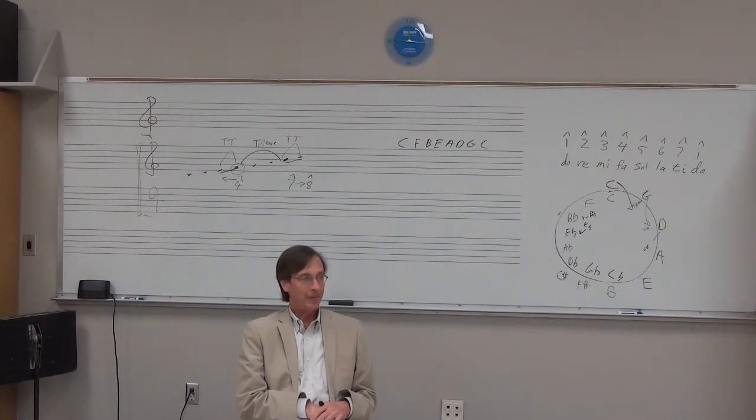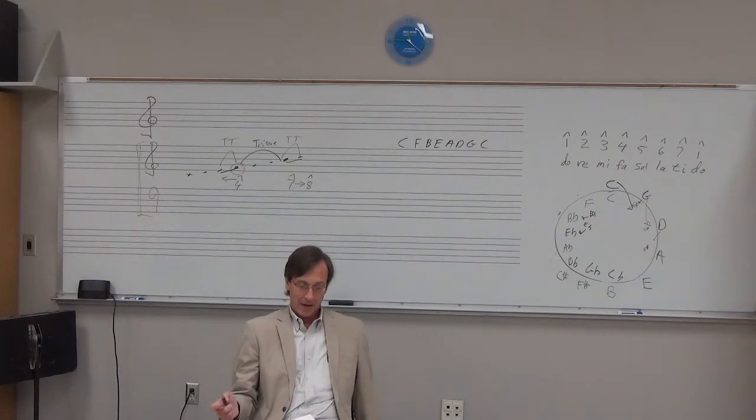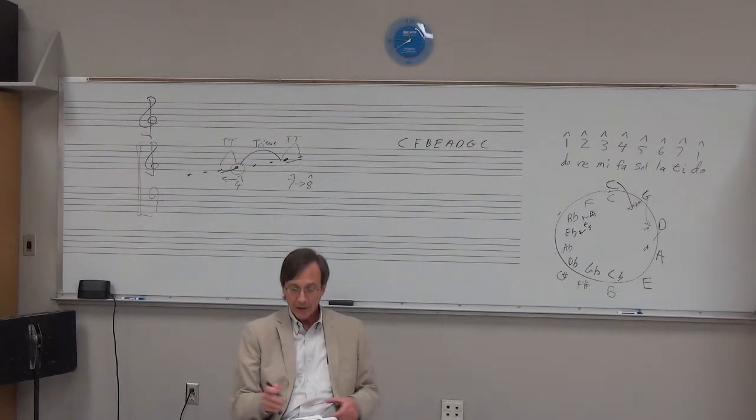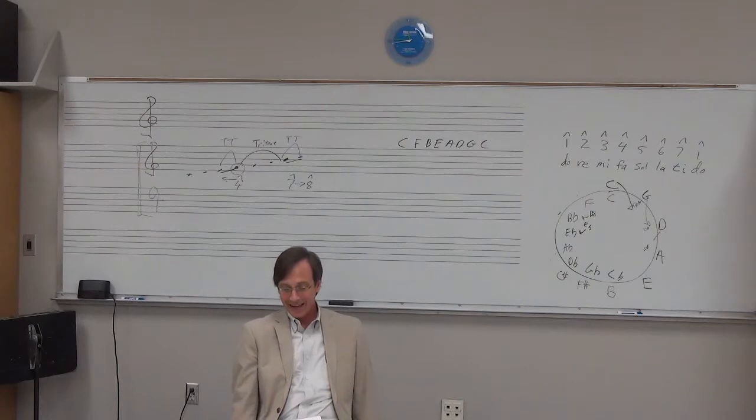All right, how we doing? Good. Okay, let's check my work. You tell me if I got it correct. Minor sixth, major seventh, augmented sixth, minor third. That's not a minor seventh, that's a diminished seventh, yes.